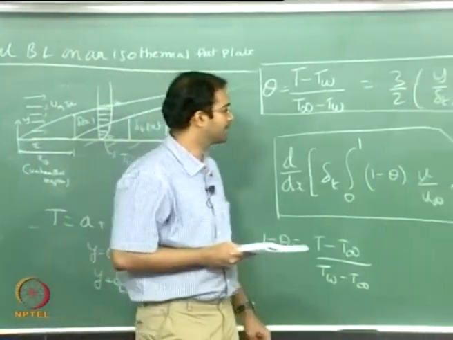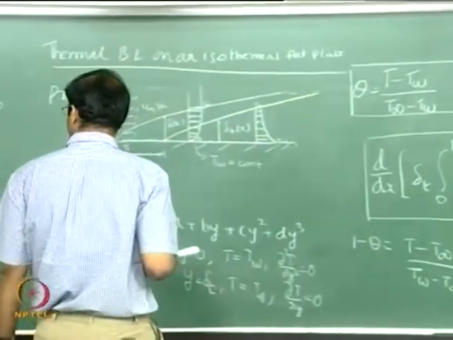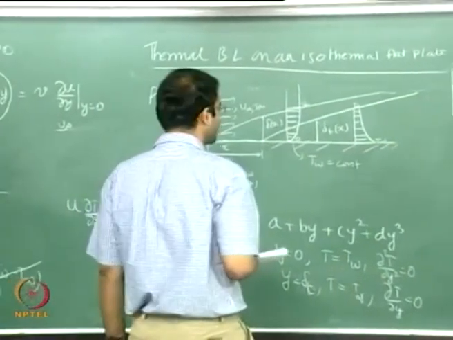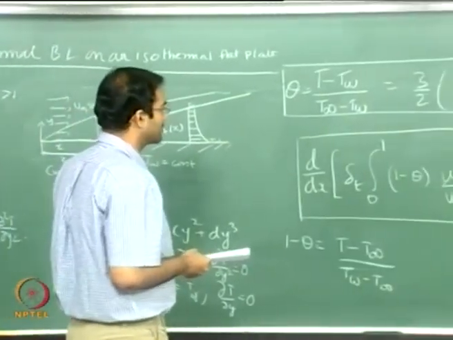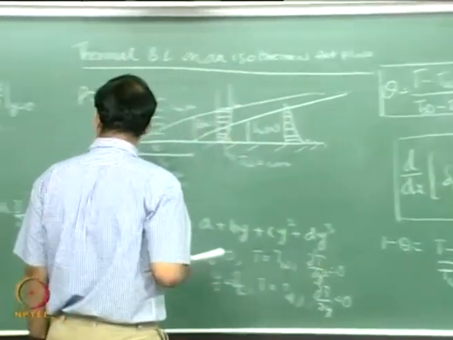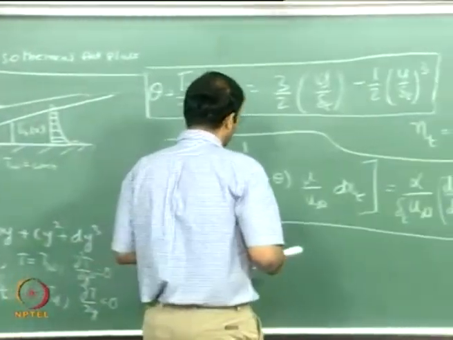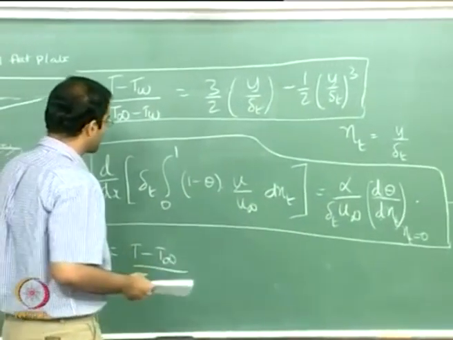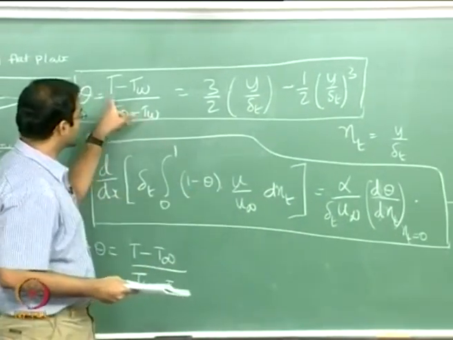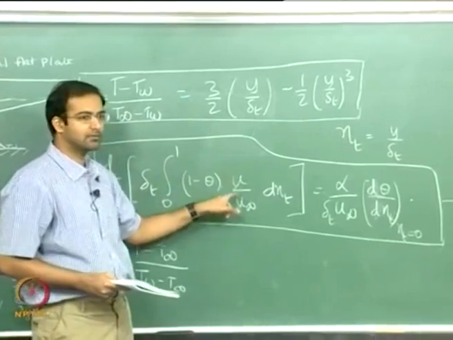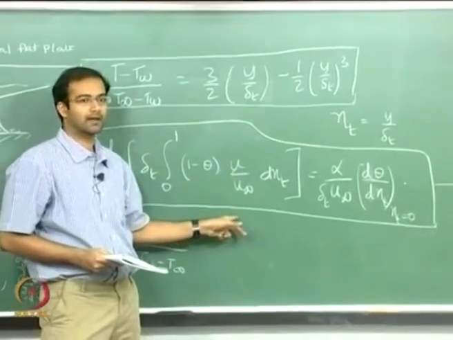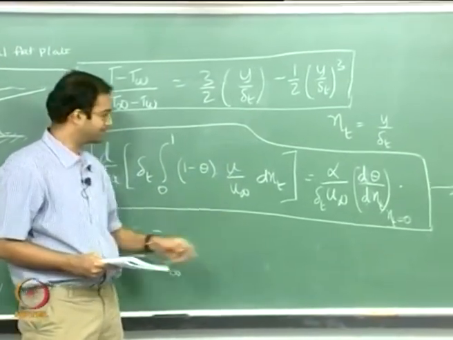I hope everything is clear. If you have any doubts, please let me know. I am going a little bit fast, assuming that you could follow. So this is the final expression, because we have the profile in terms of theta and also u by u infinity, so we can directly substitute that into this expression.